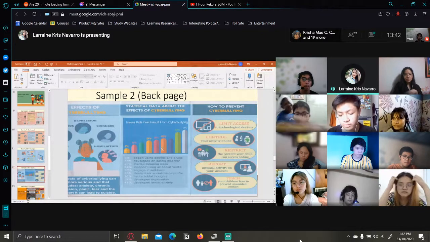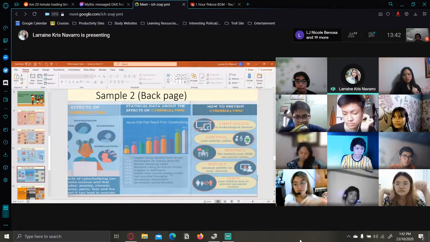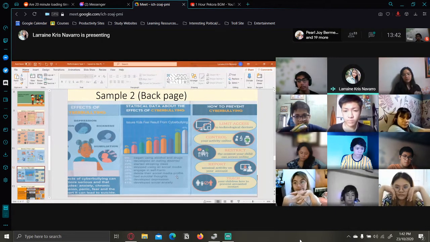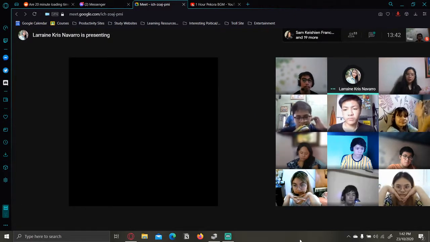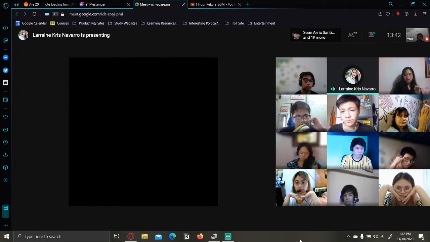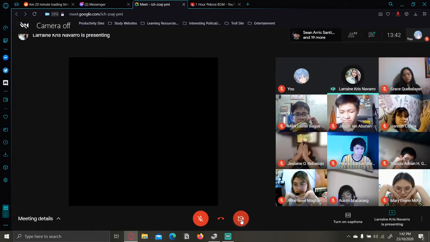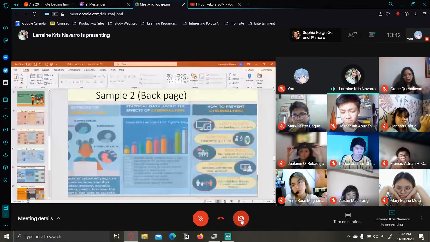And specifically, the graphic organizer used by the students is, of course, a bar graph, showing the data about the effects of cyberbullying. So, of course, you may consider using a lot of graphic information or graphic organizer depending on the information that you are presenting. And then, next example here.